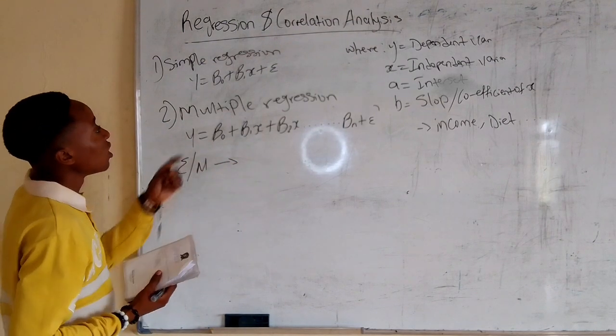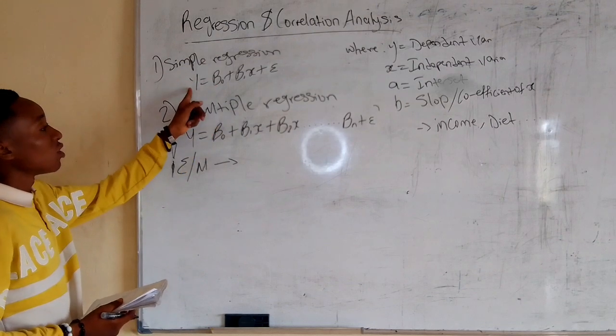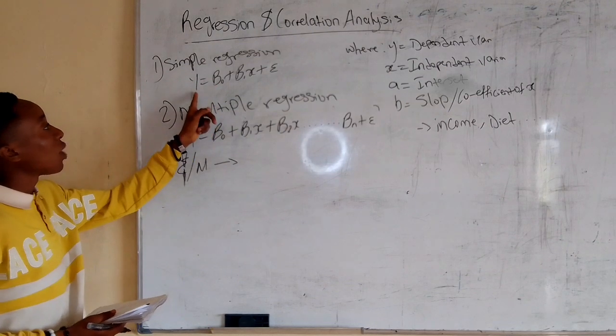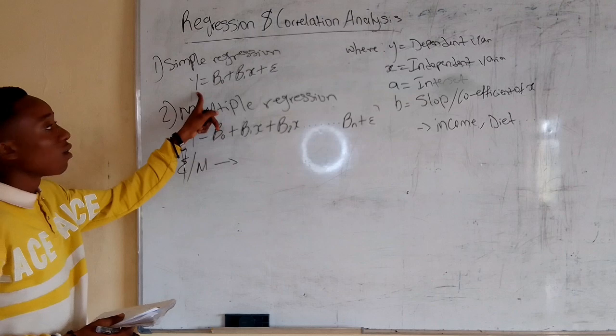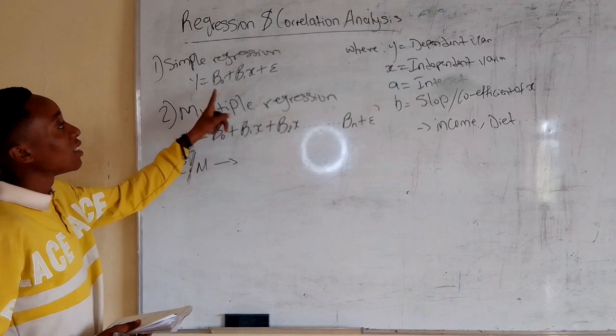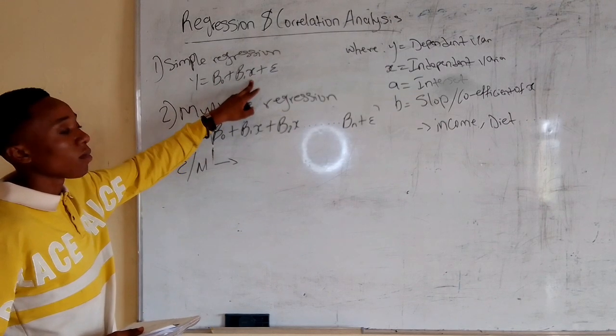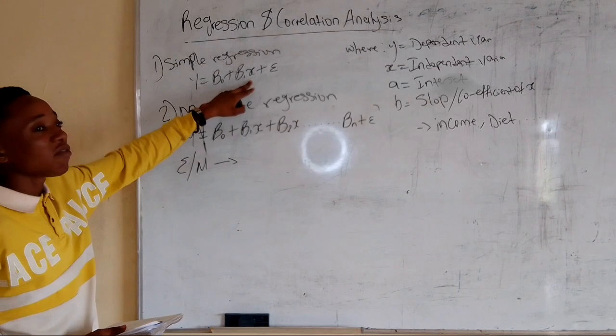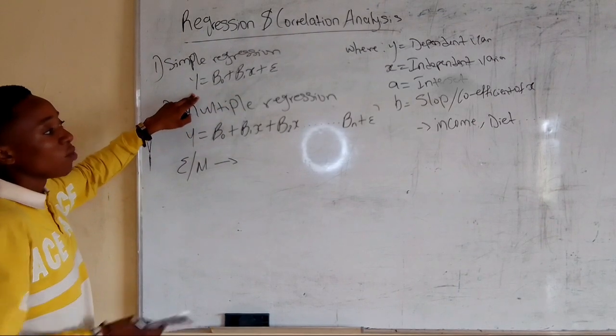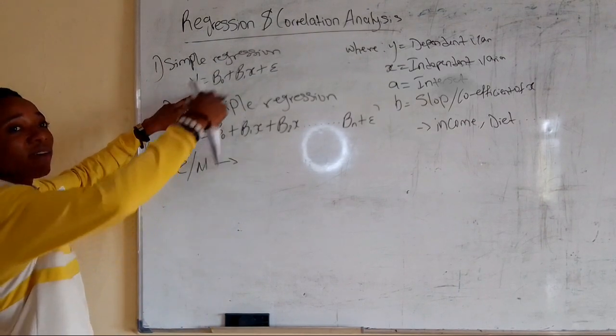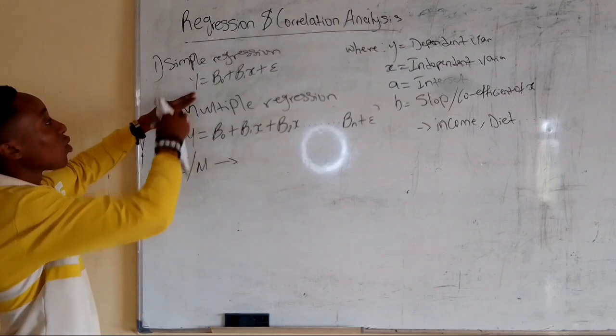For example, in simple linear regression, if we want to find the relationship between consumption and income, income is not the only factor that can affect consumption. Remember we mentioned diet, and there are still other factors that can affect consumption.